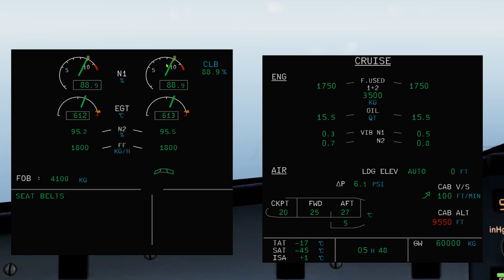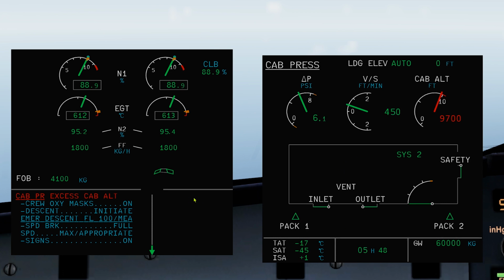Number 3, a sudden, uncontrollable and excessive cabin altitude which requires an emergency descent to 10,000 feet or MEA.